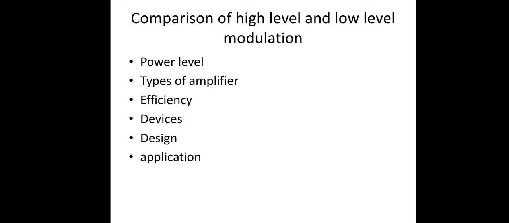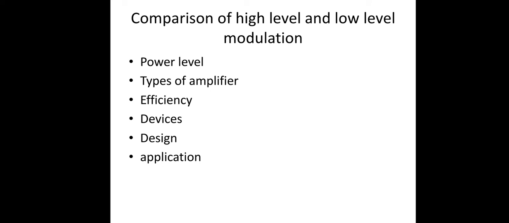Next, efficiency. High level modulation efficiency is high, and low level modulation efficiency is lower. Devices: high level modulation uses vacuum tubes or transistors for medium power applications, and low level modulation uses transistors, JFET or op-amps. Next, design.